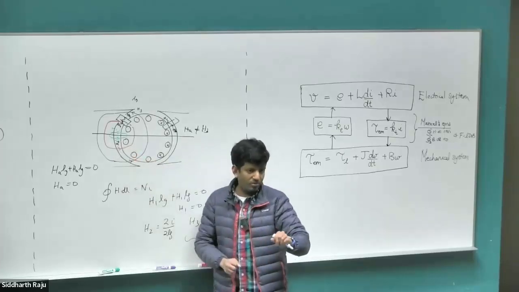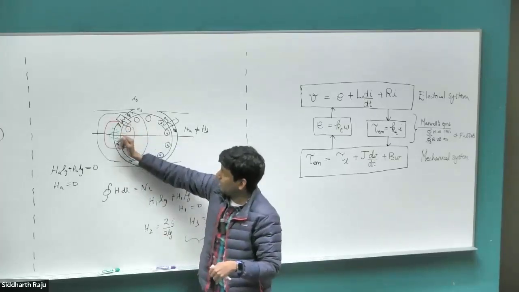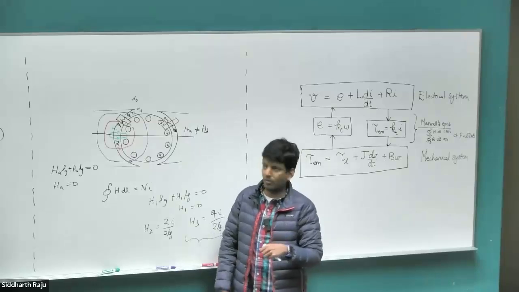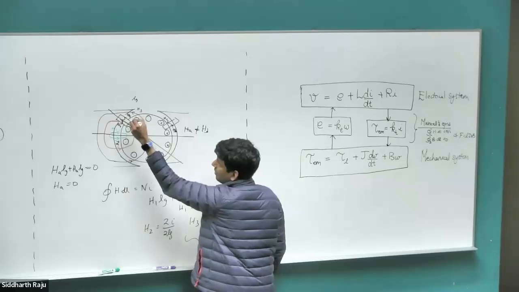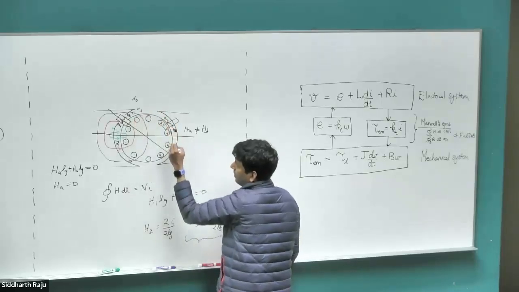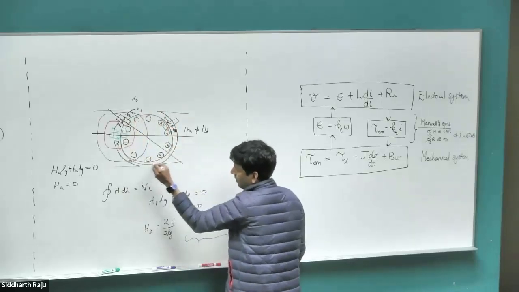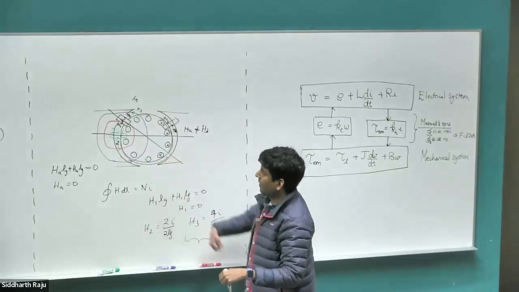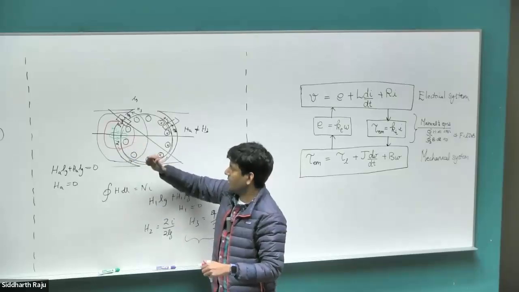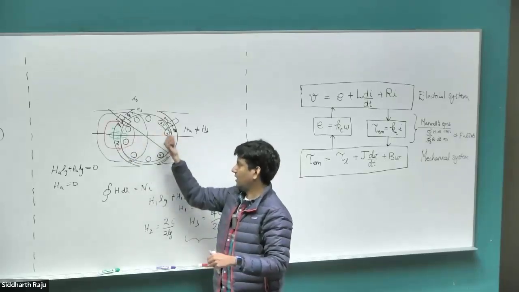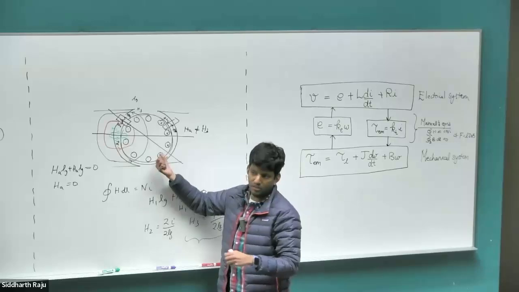So just due to pure symmetry, whatever H value is here is going to be the H value here. But if I choose a loop like this, the current carrying conductor distribution here is completely different from the distribution here. Here there is one conductor with current coming out. Here there are three conductors with current coming out. Here there are three conductors with current going in. Here there is only one conductor with current going in.